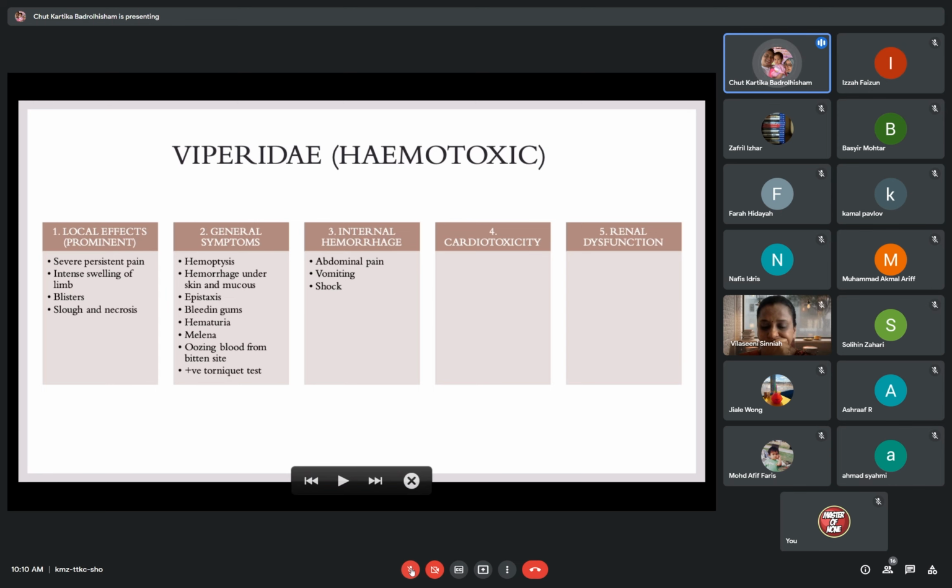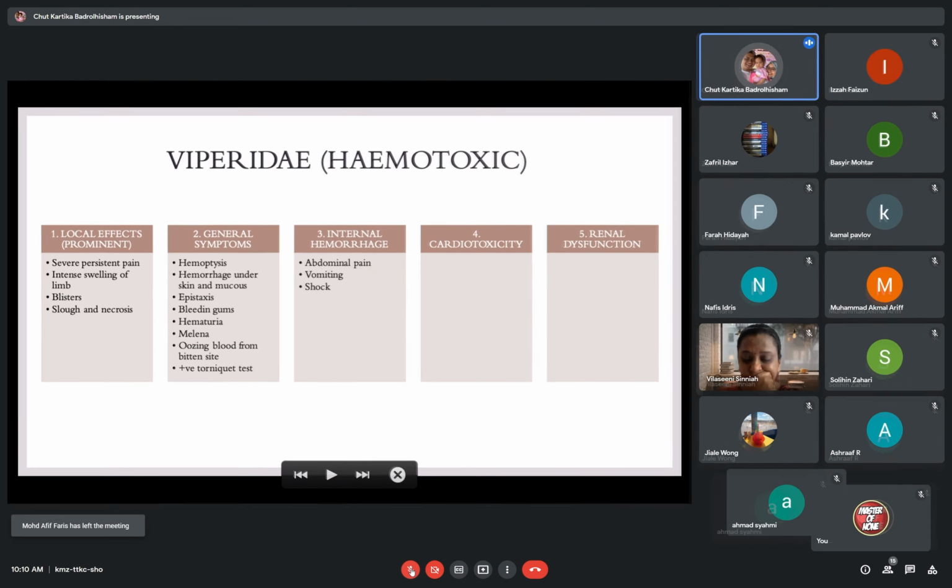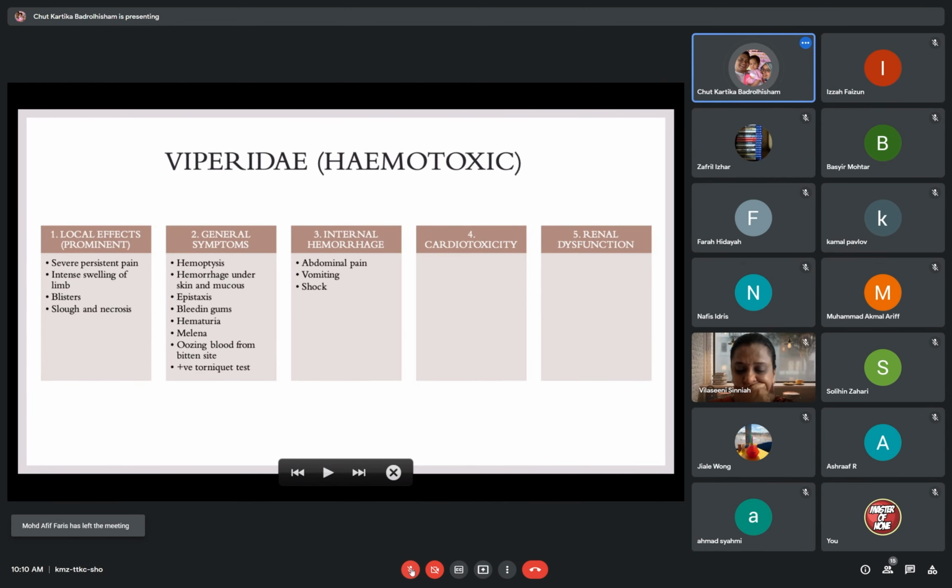For general symptoms, when there is envenoming, the patient may develop bleeding all over the body: hemoptysis, hemorrhage under the skin and mucosa, gum bleeding, epistaxis, hematuria, melena. It may develop further to internal hemorrhage, cardiotoxicity, and also renal dysfunction.